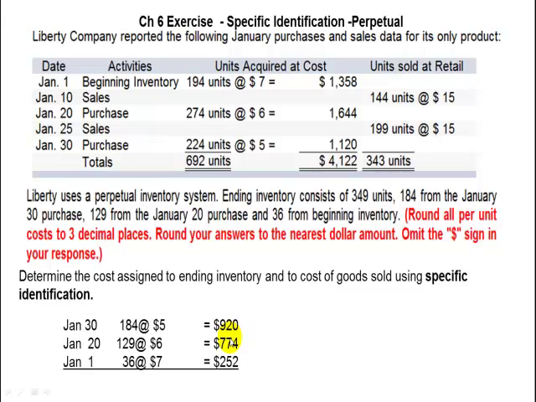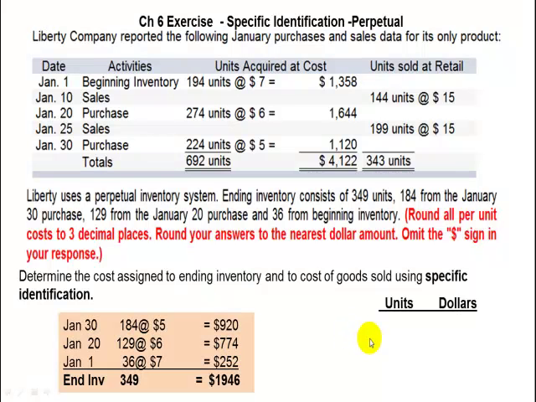And on January the 1st, we had 36 units from that beginning inventory, and they were costed at $7 a piece. Here's what the total ending inventory value is using specific identification, which is going to be $1,946, and it all adds up to 349 units, and that's the cost of that ending inventory.